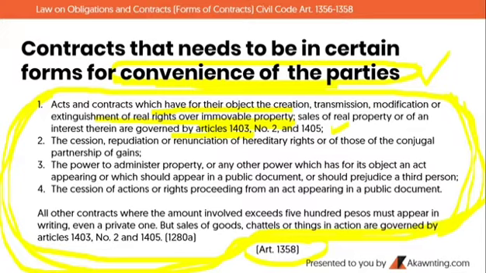So, number 3, the power to administer property or any other power which has for its object an act appearing or which should appear in a public document or should prejudice a third person. So for example, meron kang properties, meron kang business, sabihin na natin, yung business mo involves certain immovable properties and other personal properties, di ba?